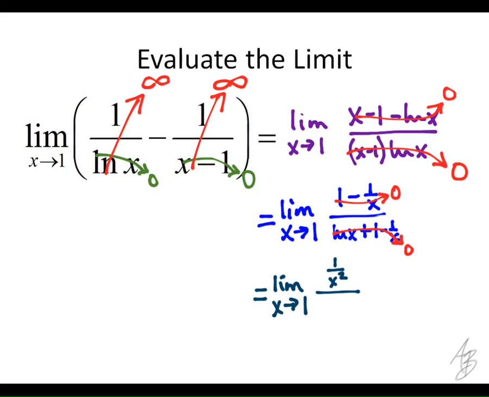So the derivative of that is going to be 1 over x squared. On the bottom, we would get 1 over x plus 1 over x squared. And now we can plug in 1. And we would get 1 over 1 plus 1, which is going to give us 1/2. So in this particular case, this infinity is 1/2 bigger than this infinity. It's kind of crazy to think about, isn't it?